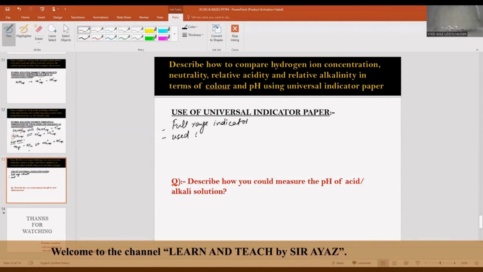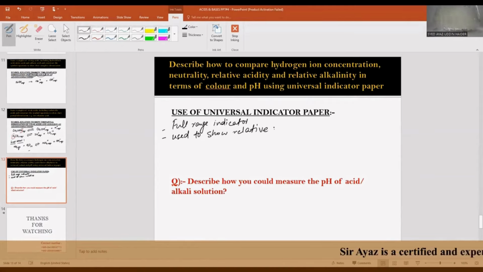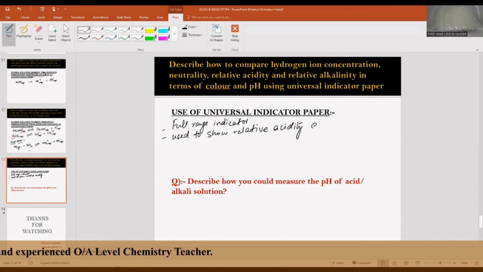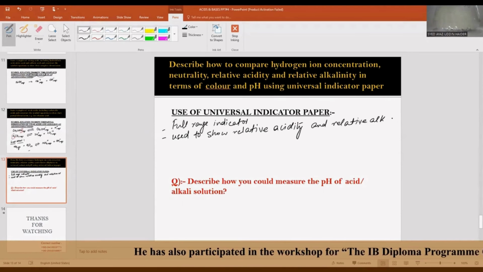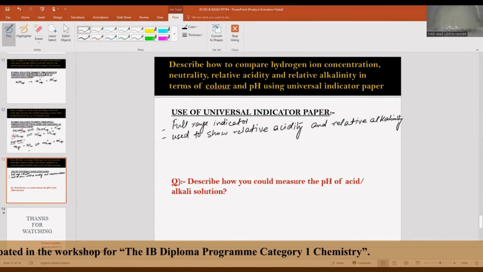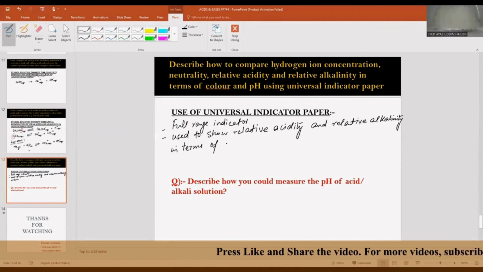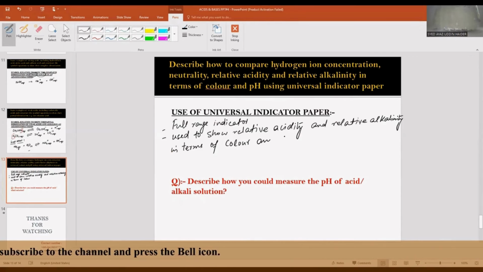Used to show relative acidity and relative alkalinity in terms of color and pH.